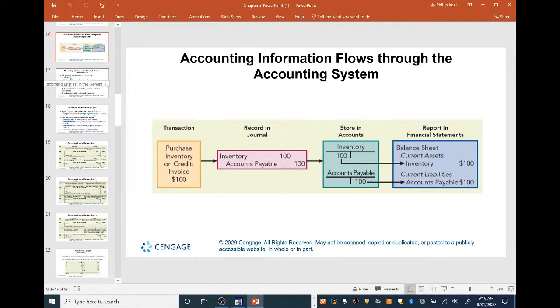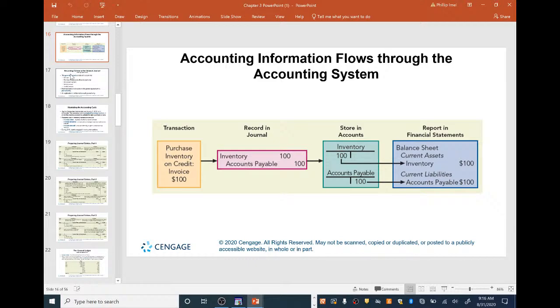So we know we're talking about the accounting systems here. So we want to know exactly, we know we're taking this stuff from a transaction from the point of sale, right? And we're worried about how it's going to flow all the way to the financial statement. So that's, in effect, what an accounting system does. It accounts for transactions, okay? Then it runs it through a whole process within the system.